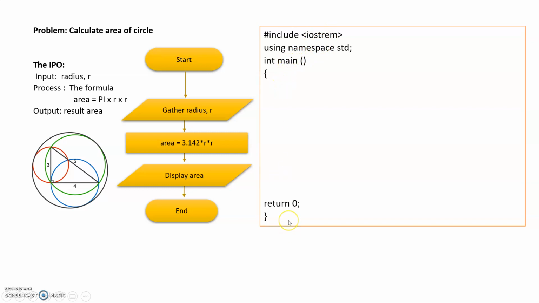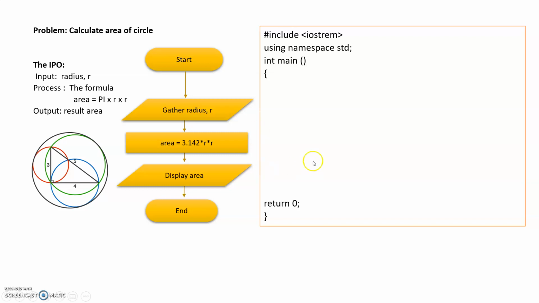This is the header for the main function, the brain or main control of the program. If you start with this, you will get at least one mark for the correct framework.